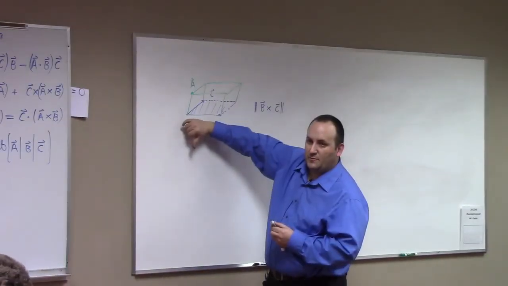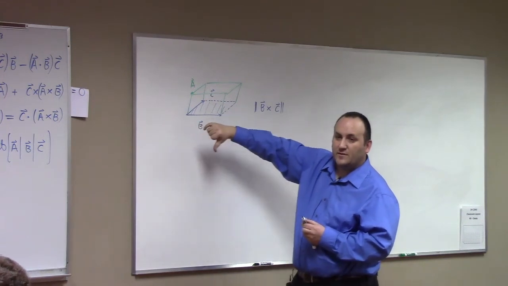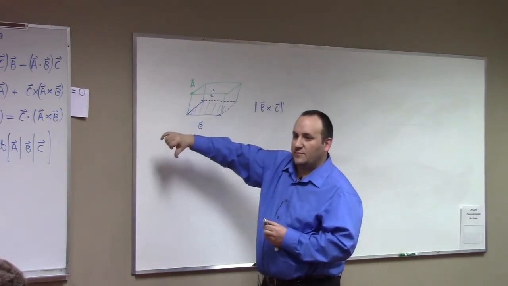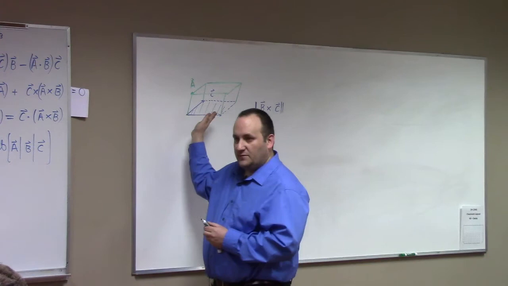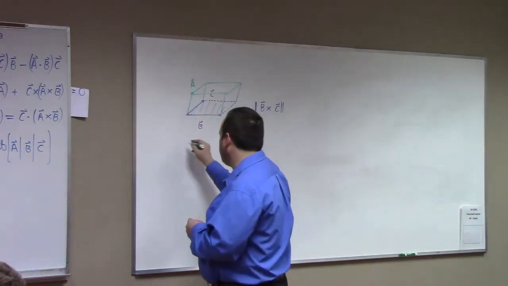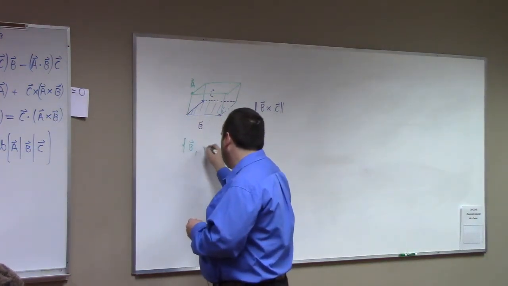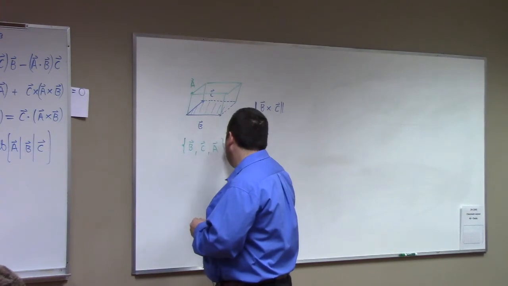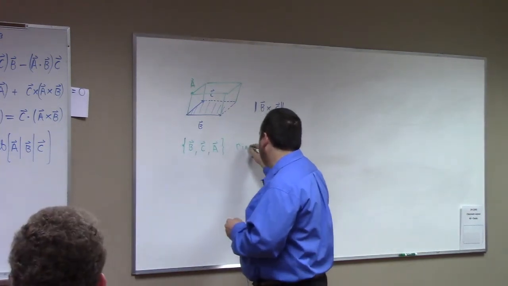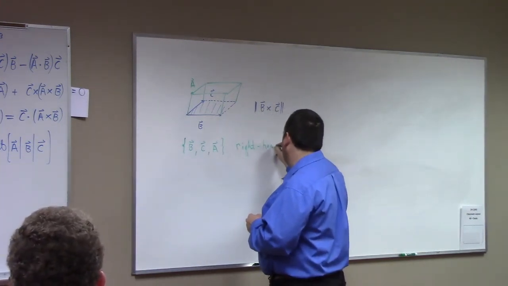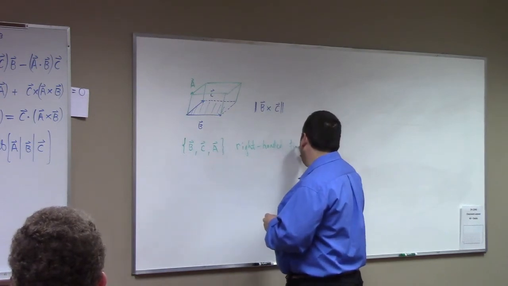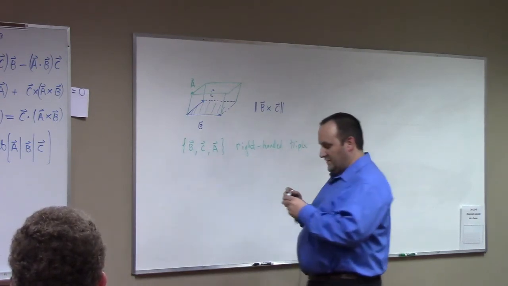So the sign of the triple product has to do with whether or not A, B, and C are what are called a right-handed triple. What does it mean for B, C, A to be a right-handed triple?